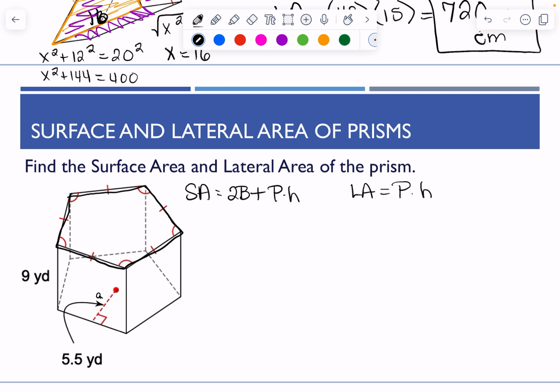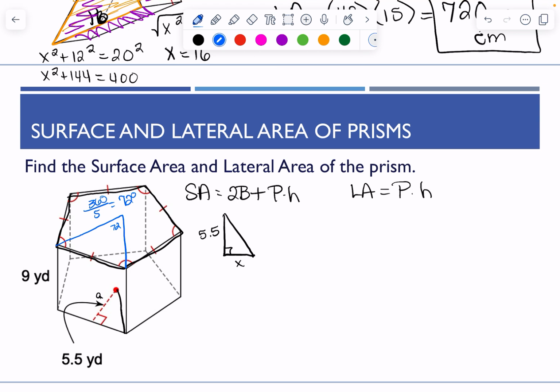So the first thing I need to do is deal with my triangle here. They tell me that the apothem is 5.5. So I need to know this side. Now, this is a pentagon, so remember to find that central angle. We take 360 divided by 5, and that's going to get us 72 for that central angle.